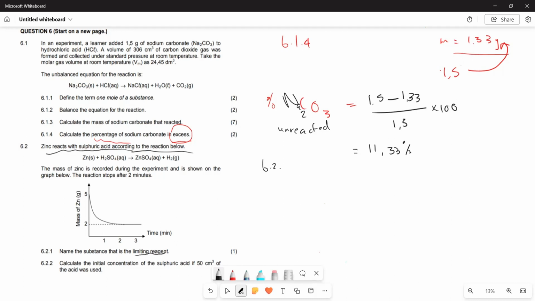Let me start by giving you a brief recap of what a limiting reagent is. When you are having your reaction, let's say you are reacting hydrogen plus oxygen, and you are getting H2O.